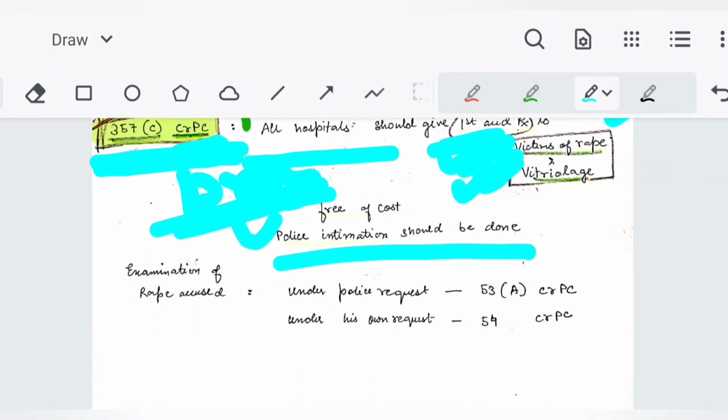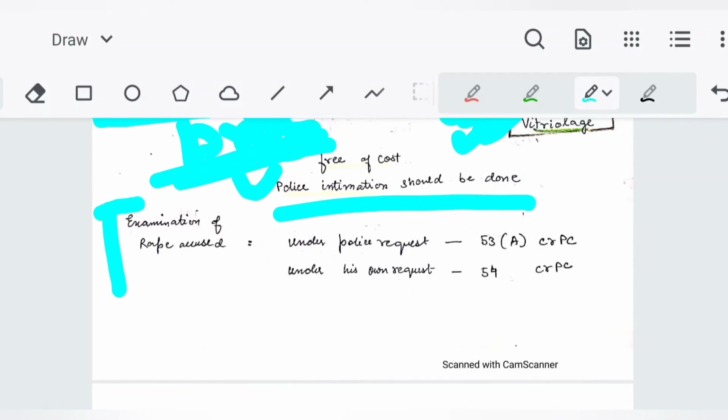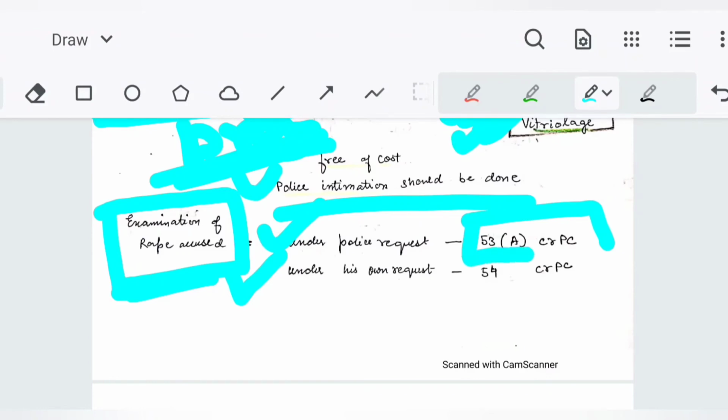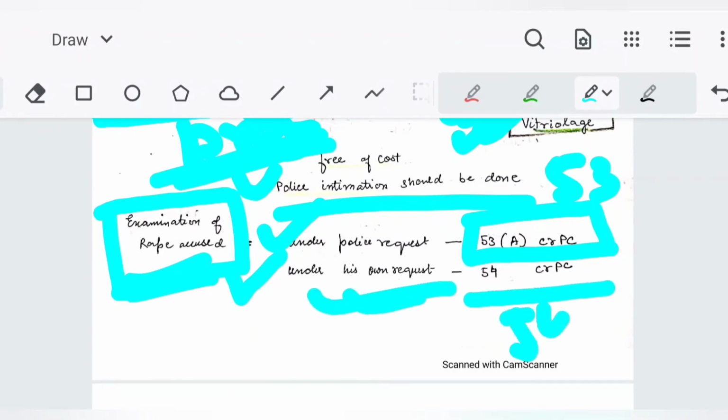Okay. An examination of the rape accused under police request we already saw, 53 of CrPC dealt with that, and if under his own request it is 54.